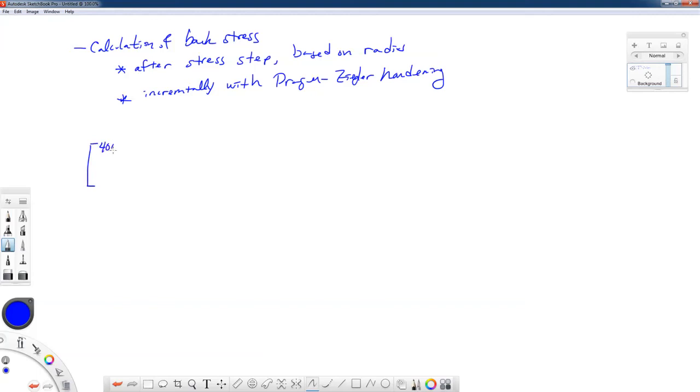I'm going to write down here, these are in megapascals. 400, minus 450, 186, and 200, 0, and 80, and that's symmetric. Okay, so we went from sigma equal to 0 to this big stress step.